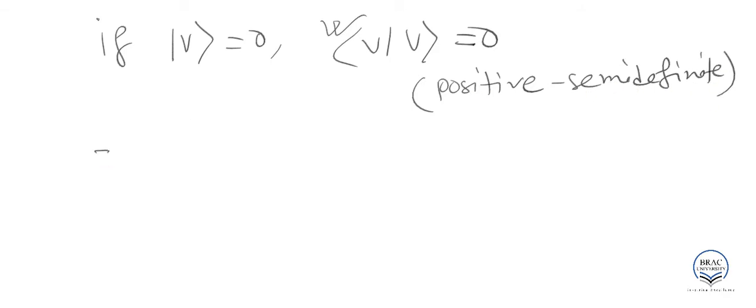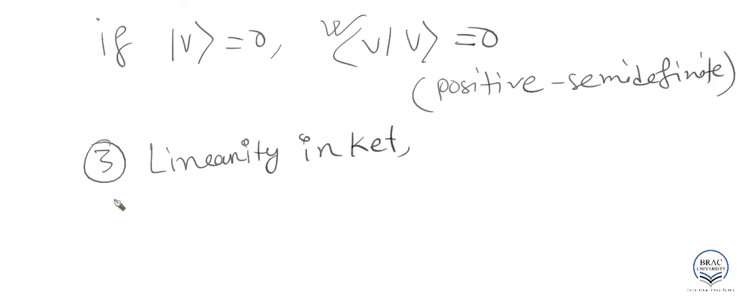And the third property that we want to look at is the linearity in ket. So we are taking the following product.